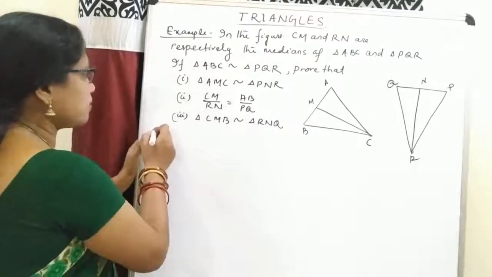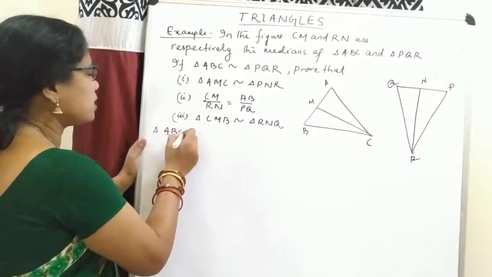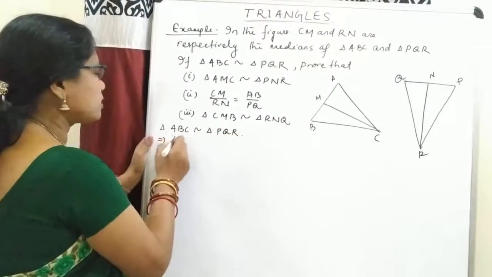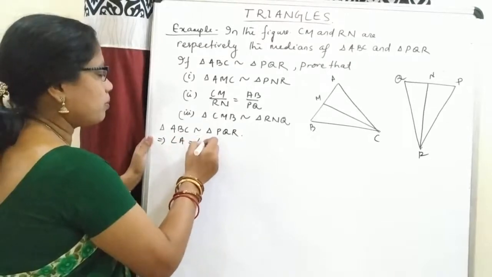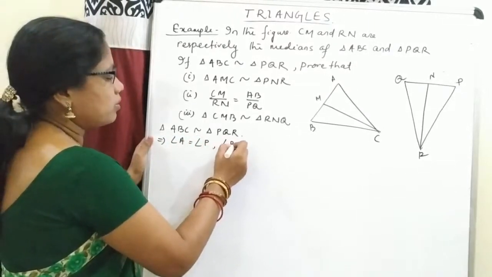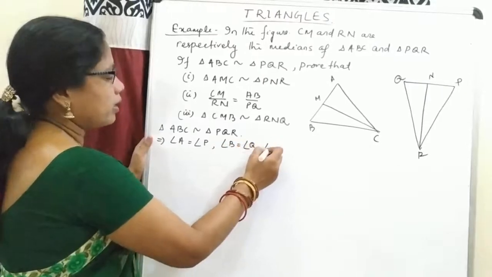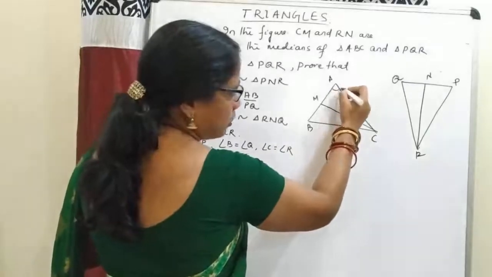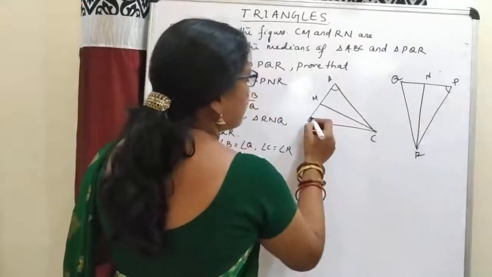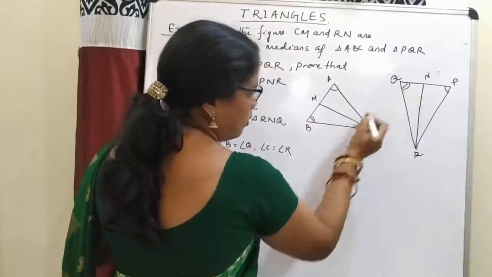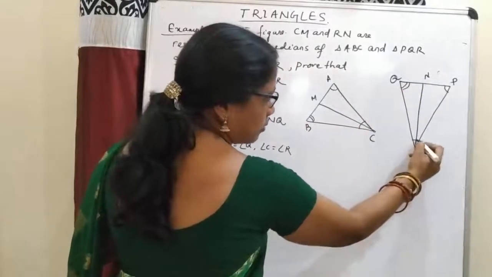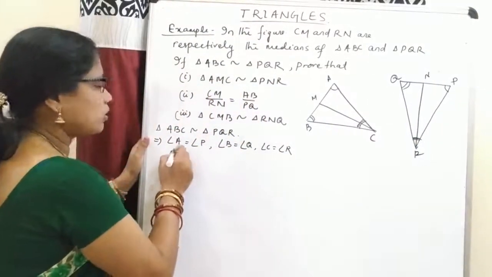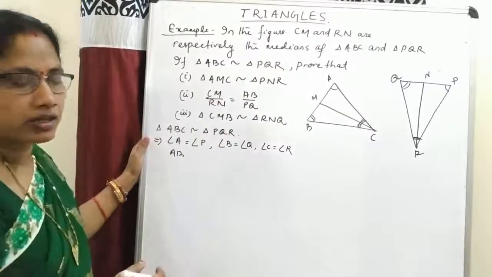First, it is given that triangle ABC is similar to triangle PQR. So this implies angle A is equal to angle P, angle B is equal to angle Q, and angle C is equal to angle R. And all the corresponding sides are in the same ratio.